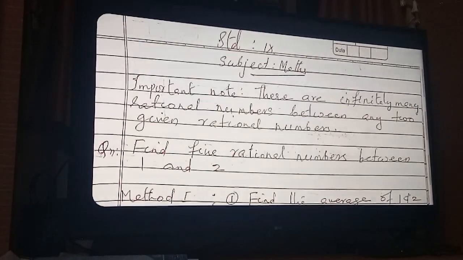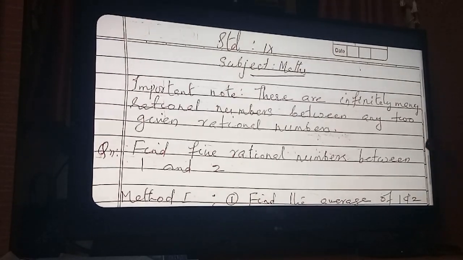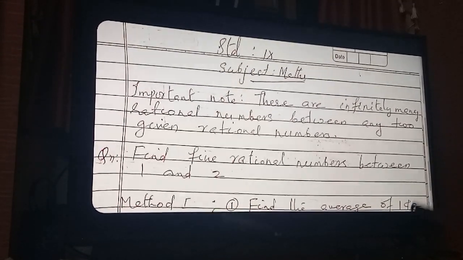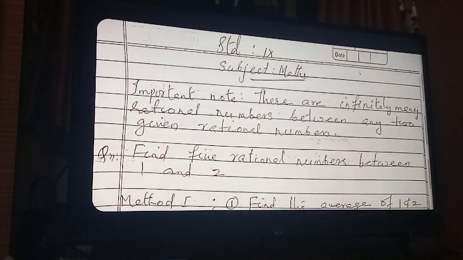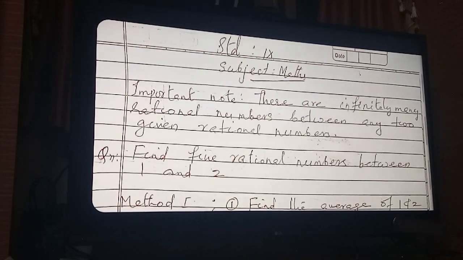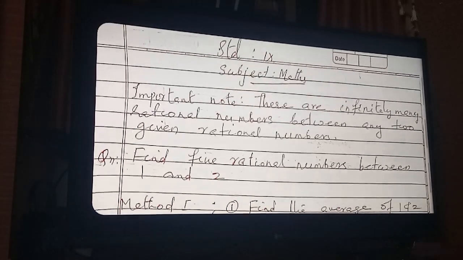So 1.1, we can write in which form? Say along with me. So 1.1 we can write in the form 11 by 10. Okay? 1.2 we can write in the form 12 by 10. So we can write them in the p by q form.